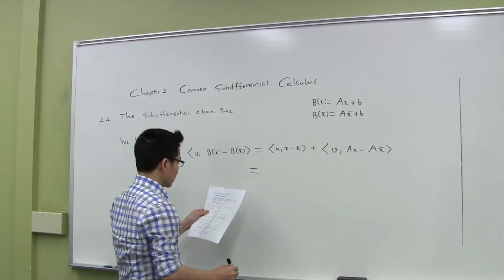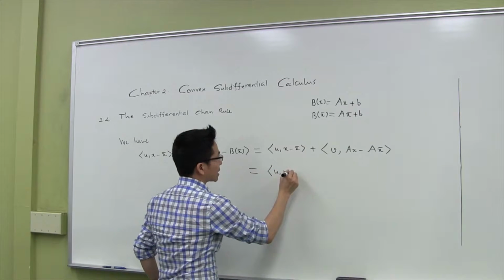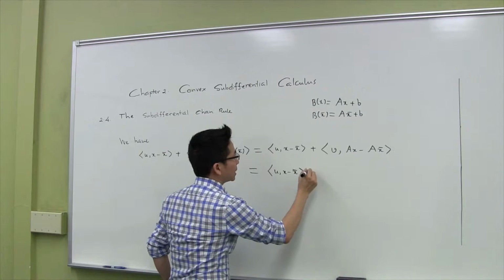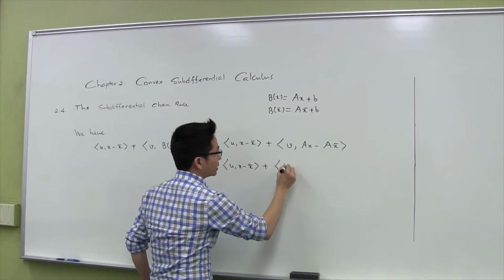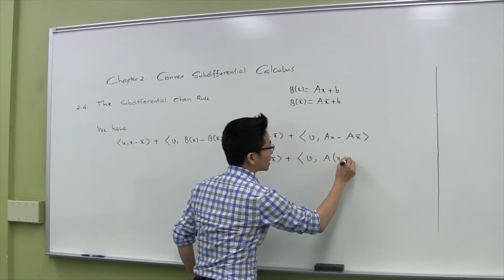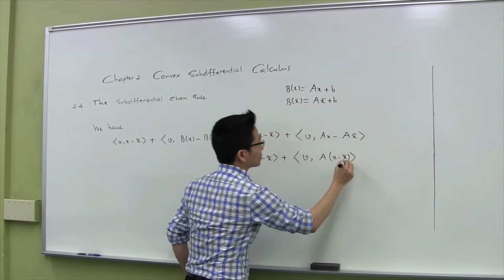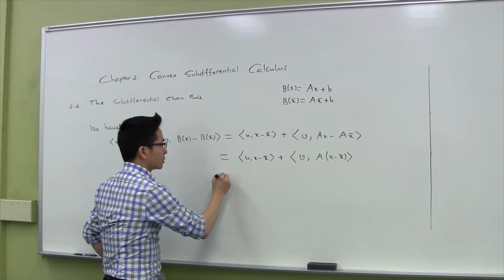Now we continue the calculation as follows. This is equal to the inner product of u and x minus x bar plus the inner product of v and A times x minus x bar. Okay? This can be written as follows.